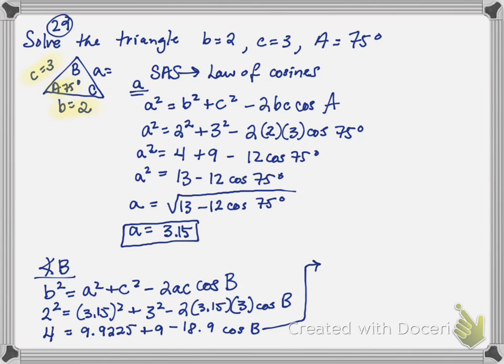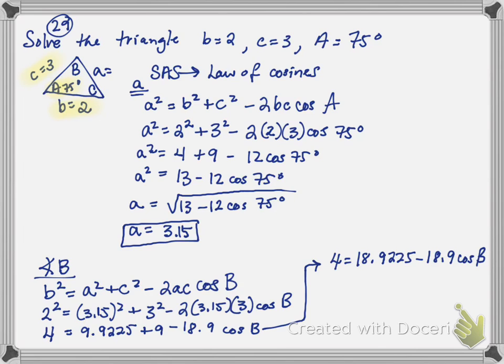I'm going to simplify this down by adding 9.9225 plus 9. And when I do that, I get 4 equals 18.9225 minus 18.9 cosine of angle B. Now, I'm going to take the 18.9225 and place it on the other side.